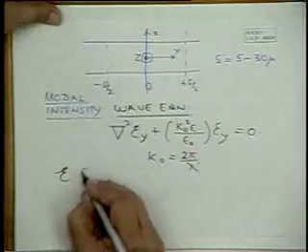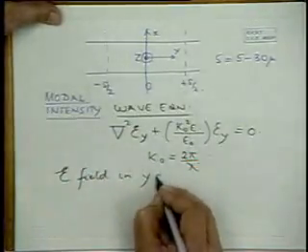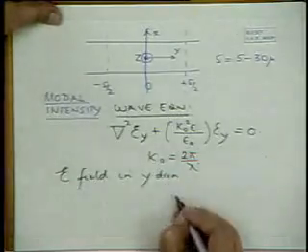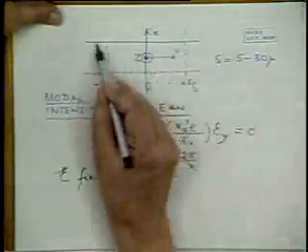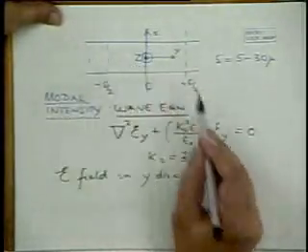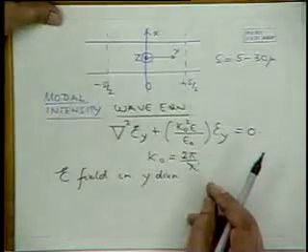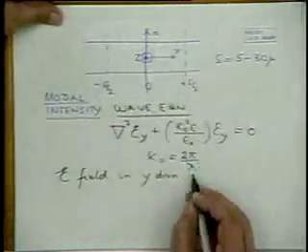Now the E field in the y direction, that is perpendicular to the junction. Sorry, this is parallel to the junction plane. Okay, this is parallel to the junction plane.